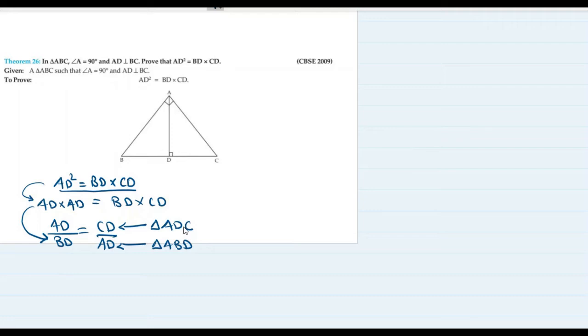Can you see triangle ACD? Yes, we can see triangle ACD. So I will highlight it with green ink so that it's visible to you very clearly. Correct? And triangle ABD, is it there? Yes, it is also there. So I will highlight it with red ink.